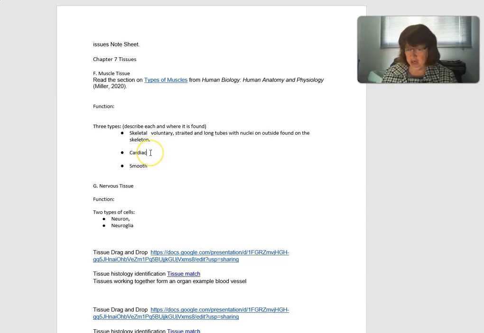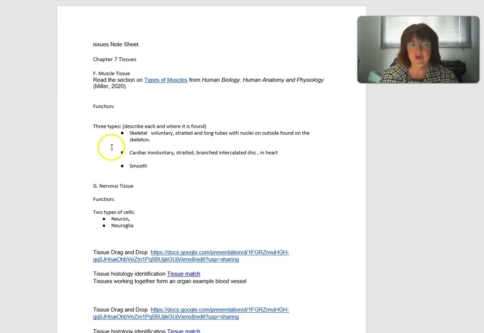Next we're going to look at cardiac muscle. Cardiac muscle is involuntary. And it is also striated, but it is branched. And it has those very important intercalated discs, which allow for communication between heart cells. Okay? And it is found in the heart, and only in the heart.